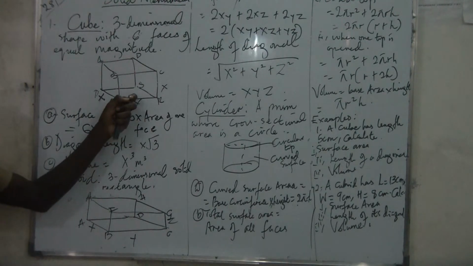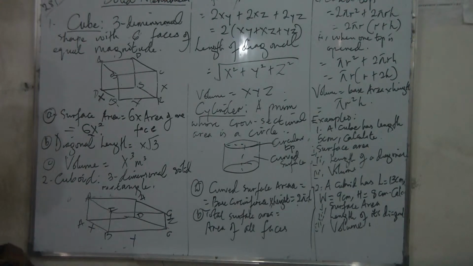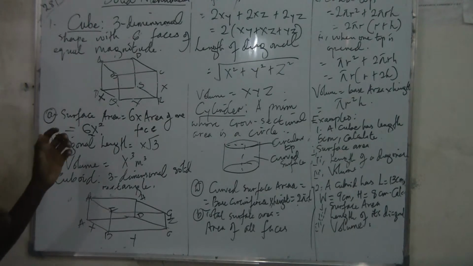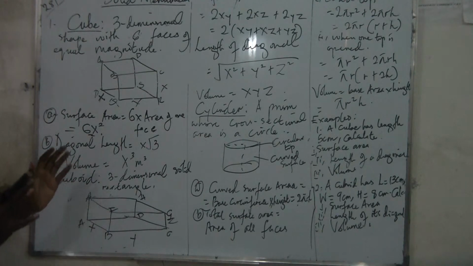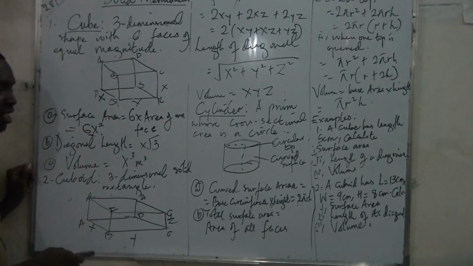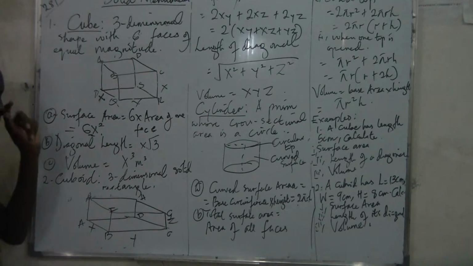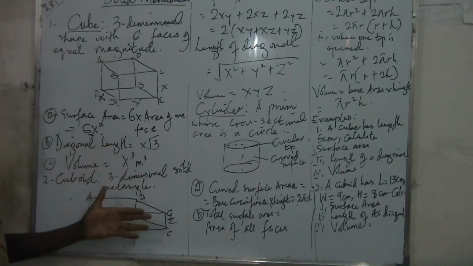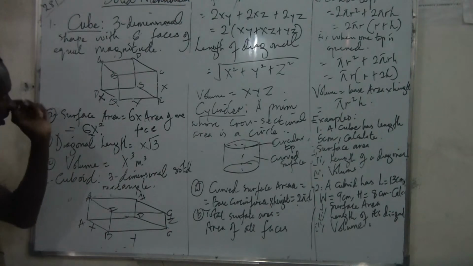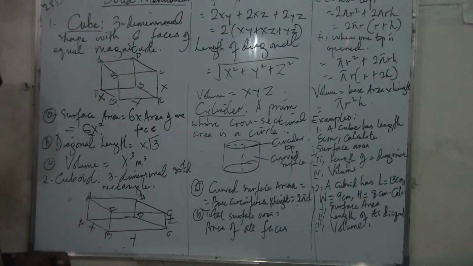For a cube of this nature, the volume will be x raised to power 3, because we will deal with all the sides. Volume is measured in meter cube or centimeter cube. It will be x times x times x, which is equal to x raised to the power of 3. That's simply the volume occupied.